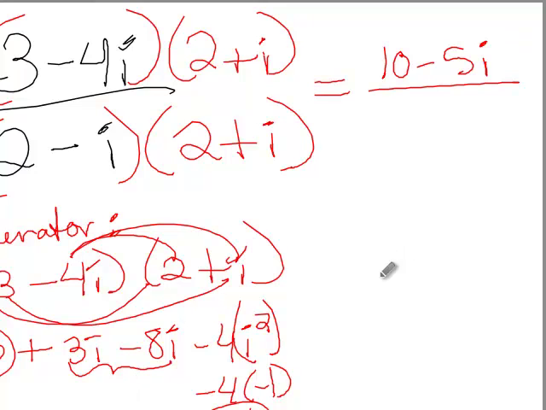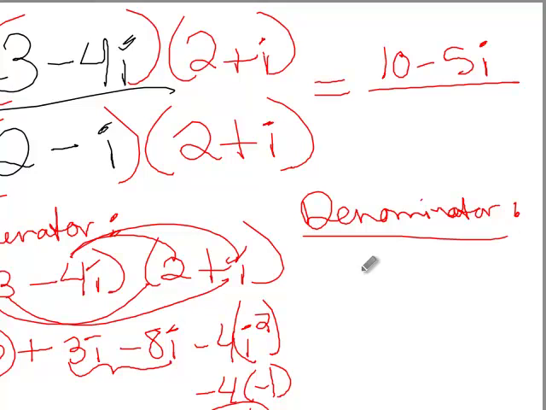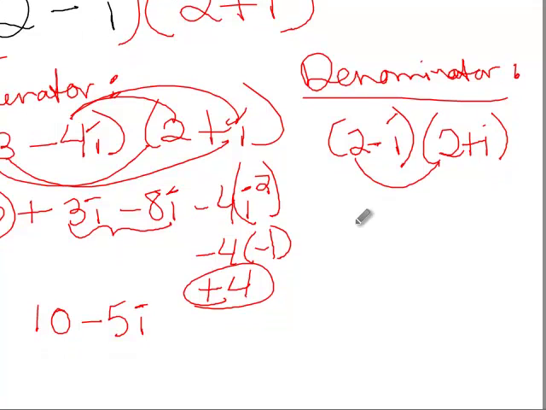Now let's go ahead and take care of the denominator. The denominator is 2 minus i times 2 plus i. And so when we distribute that, 2 times 2 is 4. 2 times i will be a 2i. Negative i times 2 is negative 2i.